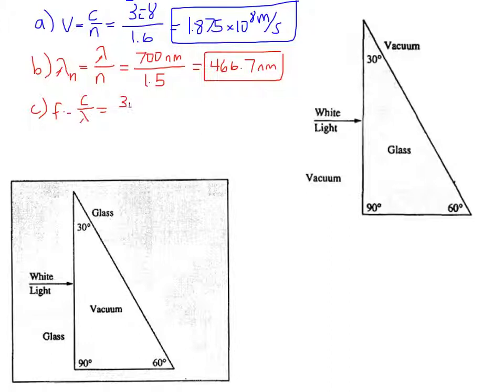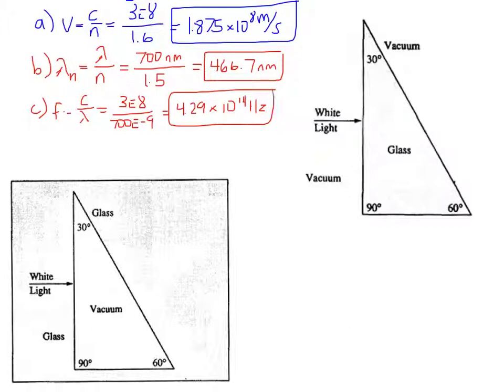So the c, the speed of light in air, is 3 times 10 to the 8th, divided by the wavelength in air, which was 700 nanometers, which I'm going to write this time as 700 times 10 to the negative 9th, and that gives you a frequency of 4.29 times 10 to the 14 hertz. Remember, what we just solved for here is the frequency in air, but it is the same frequency for glass. So that is still the correct answer.